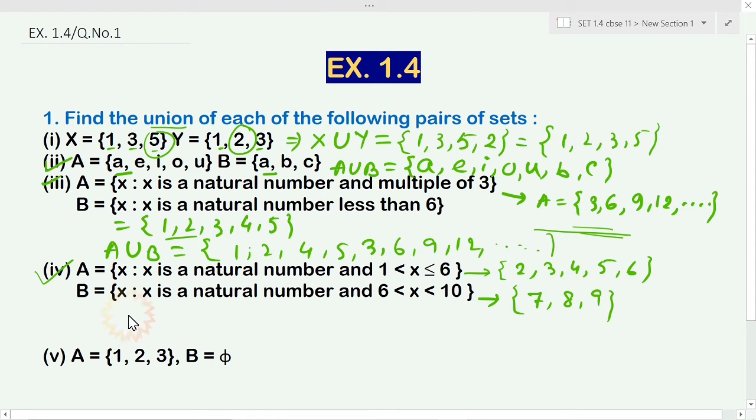So A union B equals to, is there any common element? No. So if there is no common element between A and B, in case of union, just write the elements of A and B together. So 2, 3, 4, 5, 6, 7, 8 and 9.